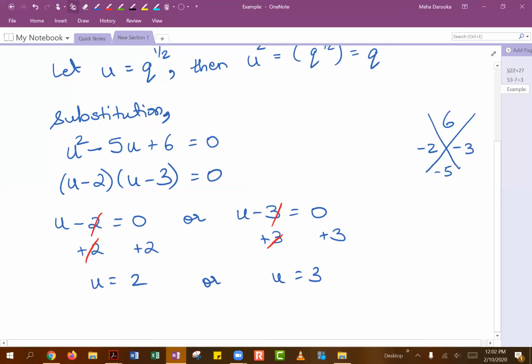So you take 3 squared and 2 squared. So it's going to be 9 and 4. Very nice. Nicely done.